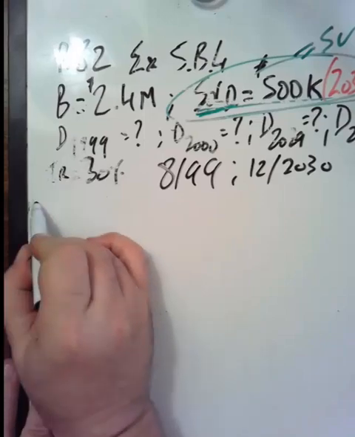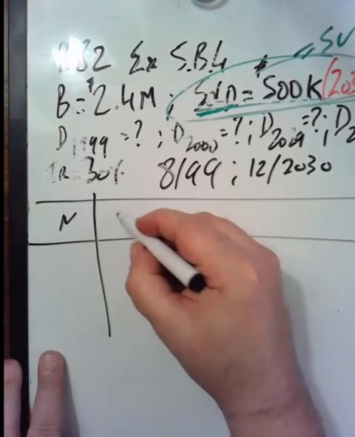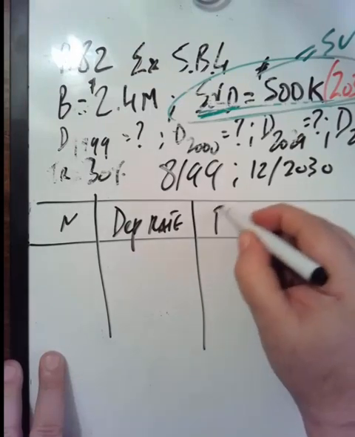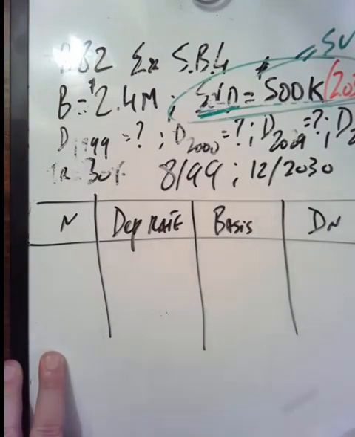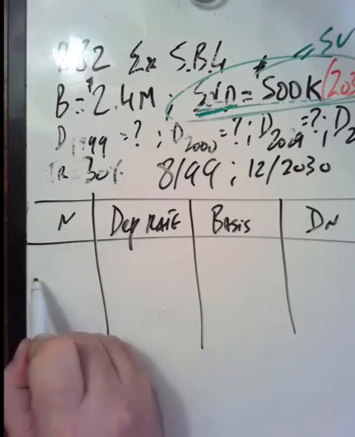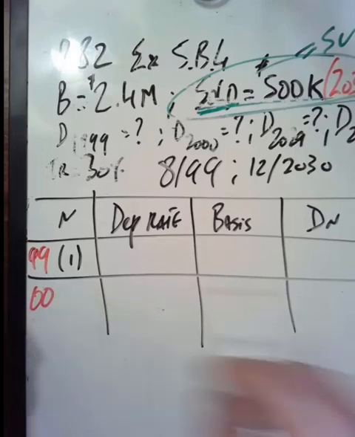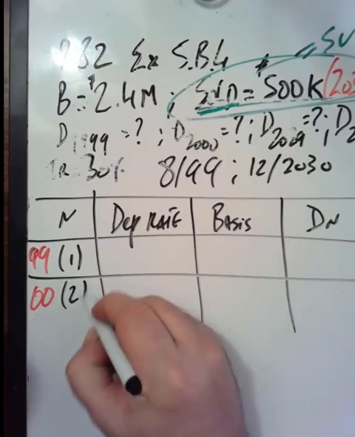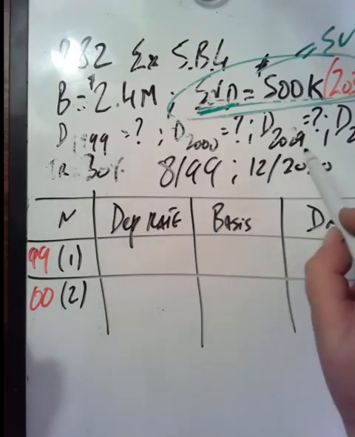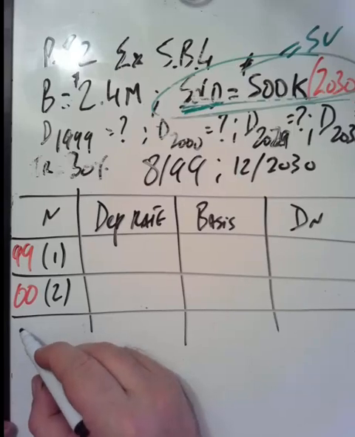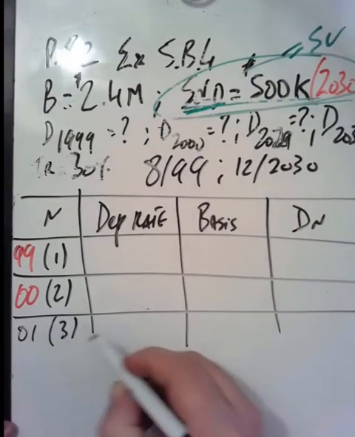Let's put here the years, right? The depreciation rate, and then we can write the basis so that we get the depreciation amount per year. So it's 1999 is year 1, and then 2000 is year 2, and they want 99, 2000, 2029, and 2030. So note that the year 2001 will be year 3.